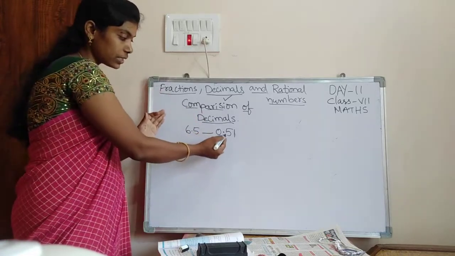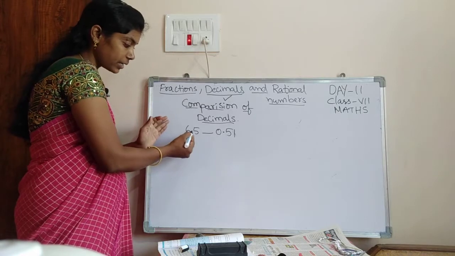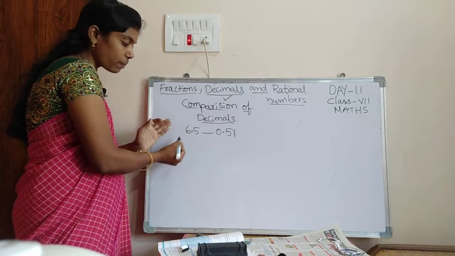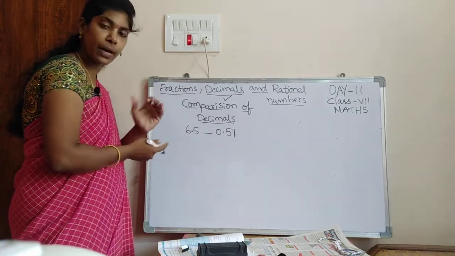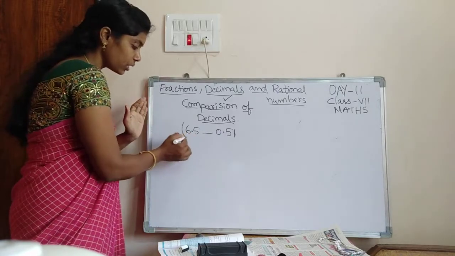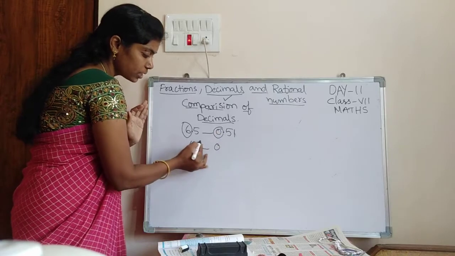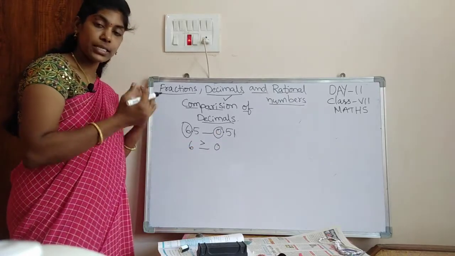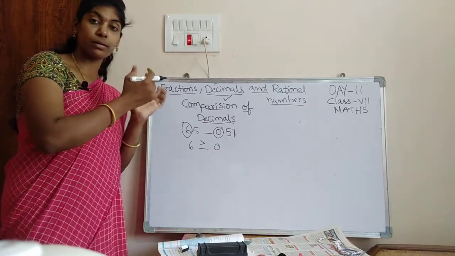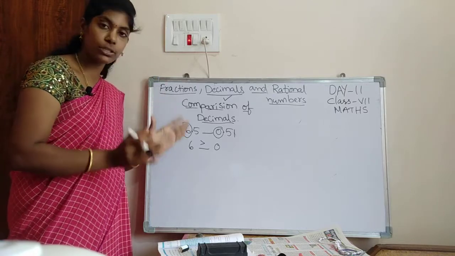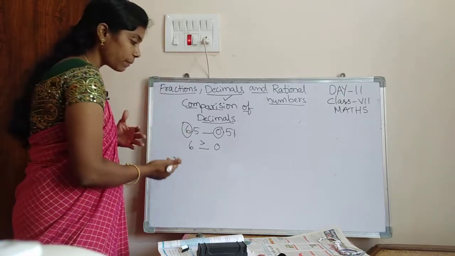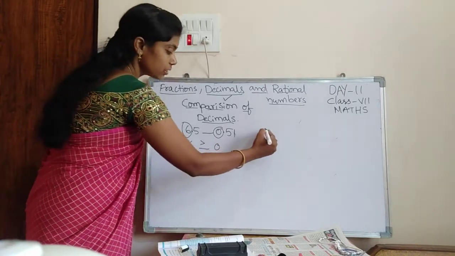So compare 0.51 and 6.5. Look at the whole number part: here it is 6, here it is 0. 6 is greater than 0. When the whole number part is different, it is easy to identify.